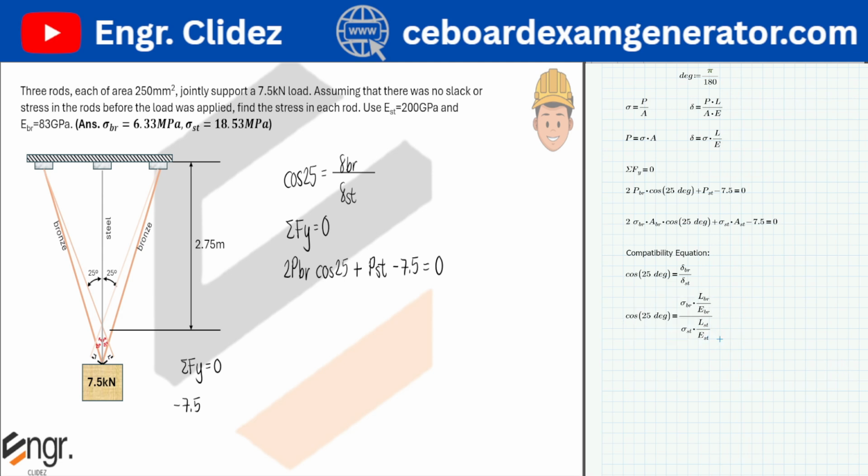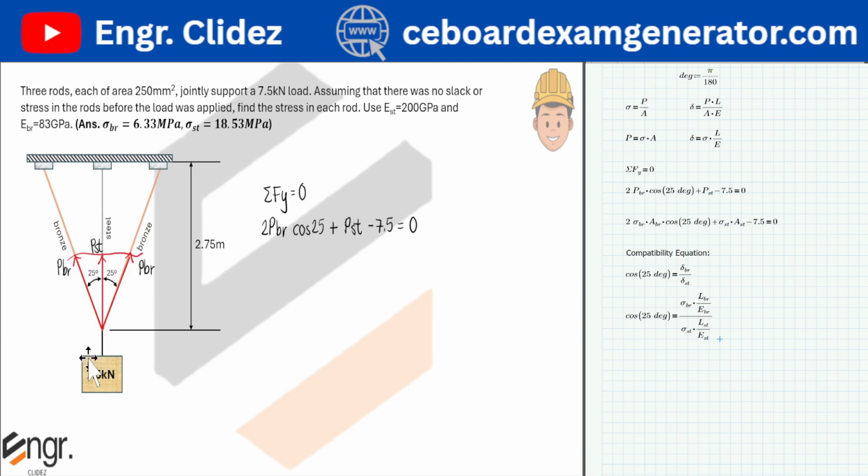So next, we will solve the initial length of the bronze rod. The steel rod, being purely vertical, is just equal to this height. However, since the bronze rod is inclined, we need to solve the hypotenuse of this triangle. So this is 2.75. This one is 25 degrees. And this would be the length of the bronze rod.